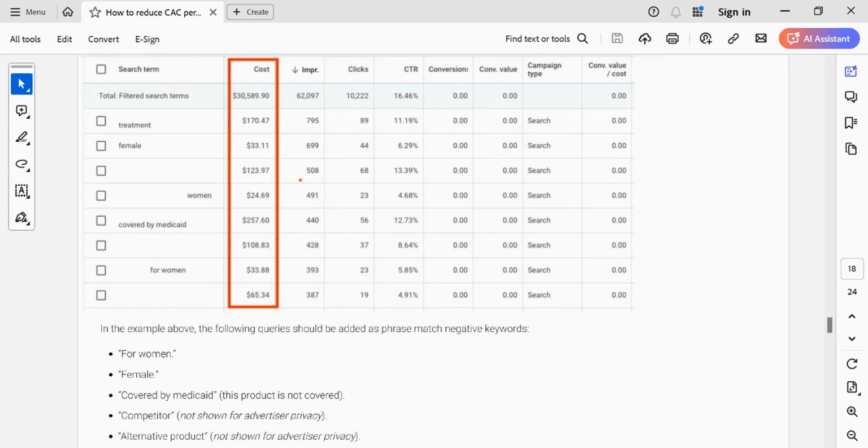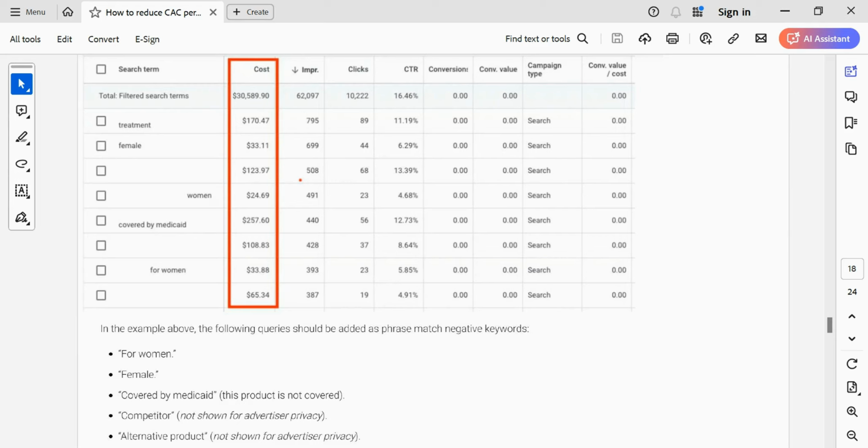Now this is not something that the business does. Treatment is fine, but female, woman, for woman, this is not something that the business does.